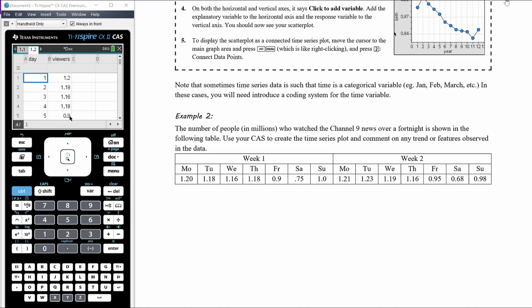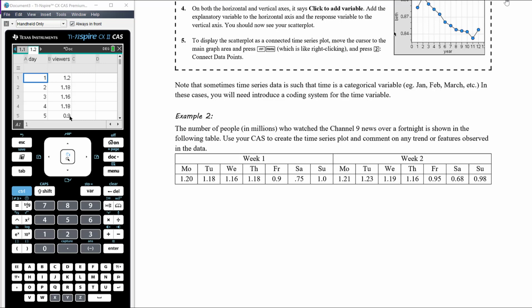So you want to enter that data set into your CAS. You might want to pause the video while you do that. I've already done it. So what you'll notice here is that when your time variable is categorical, which is what ours is here, Monday, Tuesday, Wednesday, Thursday, Friday, strictly speaking, we can't draw a scatter plot with a categorical variable, so we need to create a sort of time series coding.